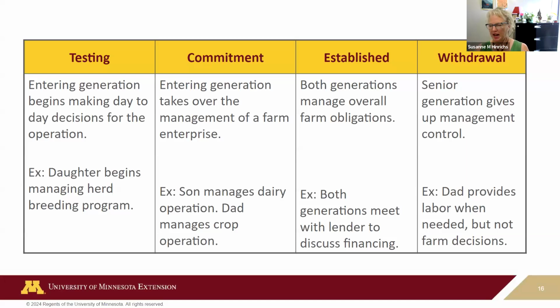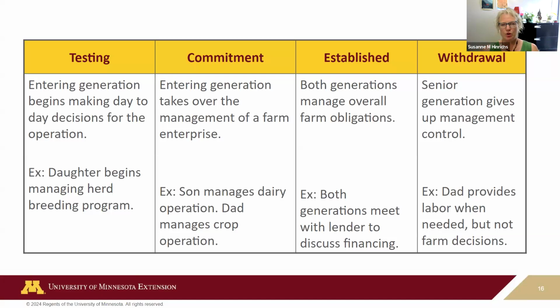The commitment stage, here's another example. In that commitment stage, you have the entering generation who wants to take over the management of one of your farm enterprises. So maybe it's an example of your son manages the dairy operation while the dad, and maybe it's a daughter manages the dairy operation while the dad or the mom manages the crop operation.